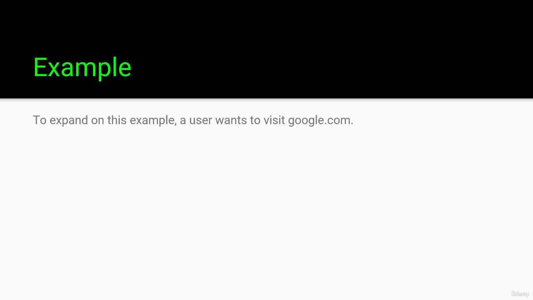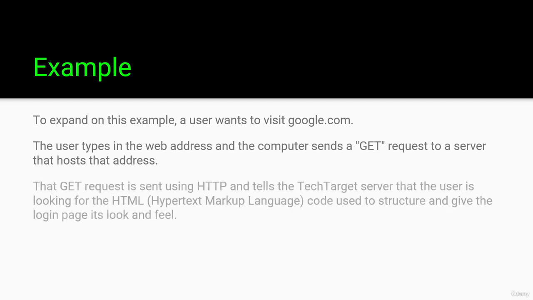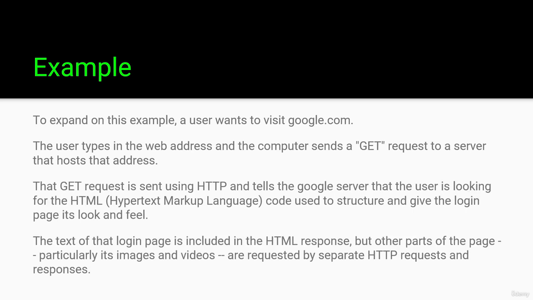So to expand on this example, a user wants to visit google.com. The user types in the web address and the computer sends the GET request to a server that hosts that address. That GET request is sent using HTTP and tells the Google server that the user is looking for the HTML, Hypertext Markup Language, code used to structure and give the login page its look and feel.